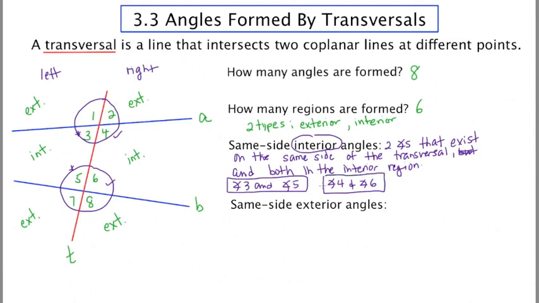Okay, the next classification is going to be same side exterior angles. And this is going to be a very similar definition to same side interior, except we're going to replace the word interior with exterior.